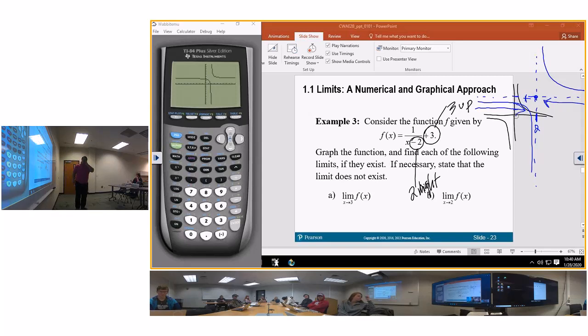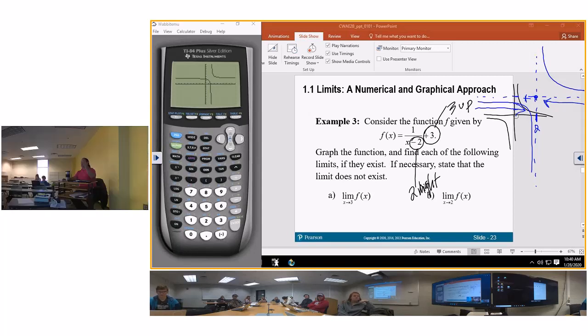Does not exist. Now, it does approach 3 as far as y, but the limit does not exist because the vertical asymptote is at 2. It doesn't exist because of the vertical asymptote.